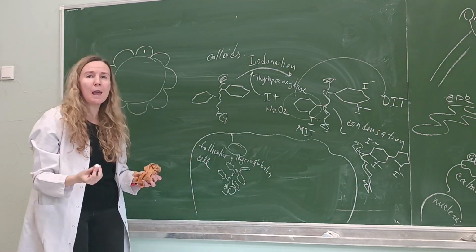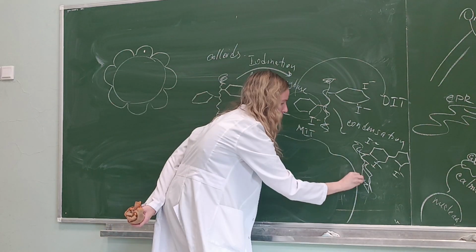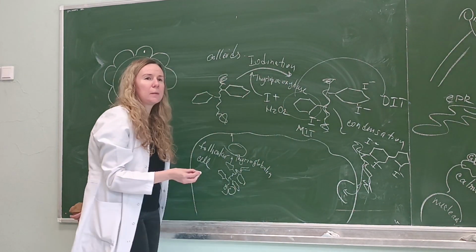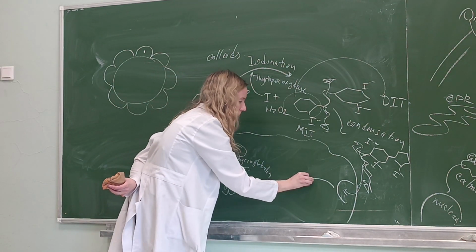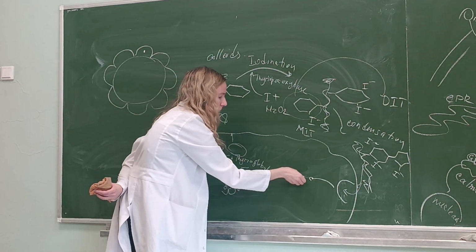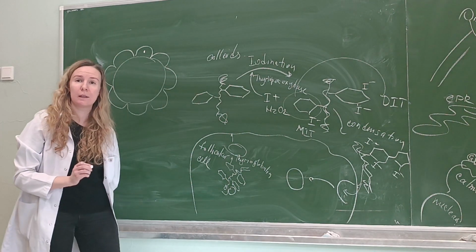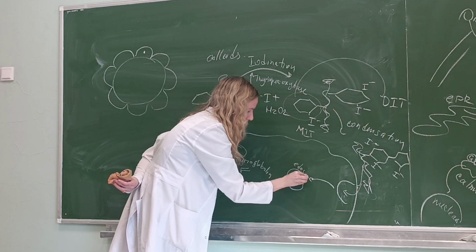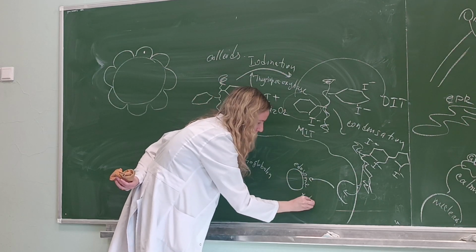After it, by exocytosis, we form a bubble here and put this protein into the bubble. We transfer it again into the follicular cell of our thyroid gland. So this bubble, the endosome, connects with a lysosome.